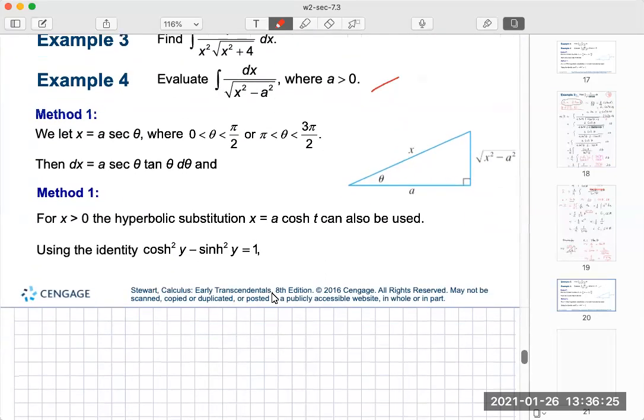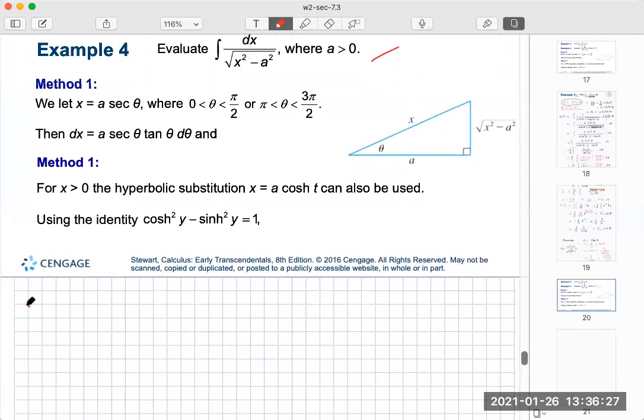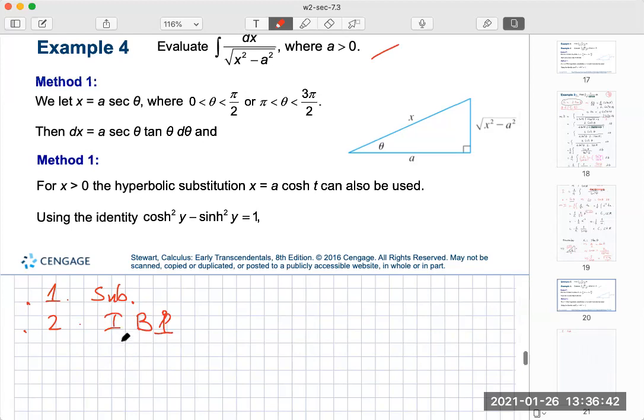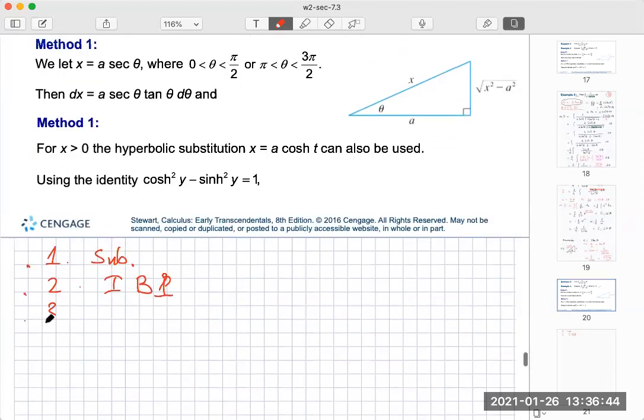So let me quickly summarize what we have done so far. For integration, the first technique is substitution, right? The second technique is to do integration by parts. And then we have some strategy to deal with trig functions.